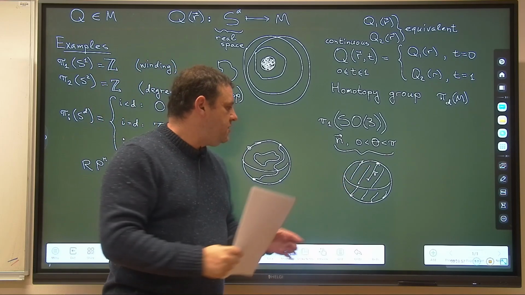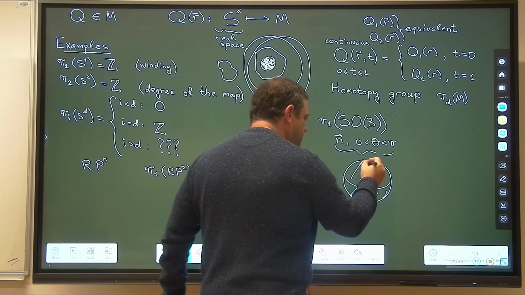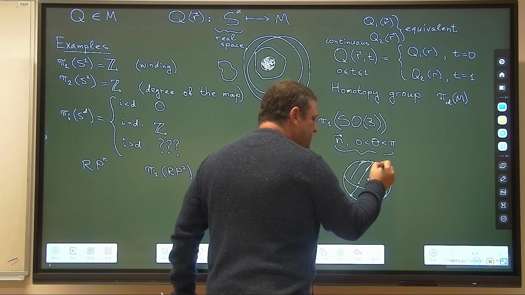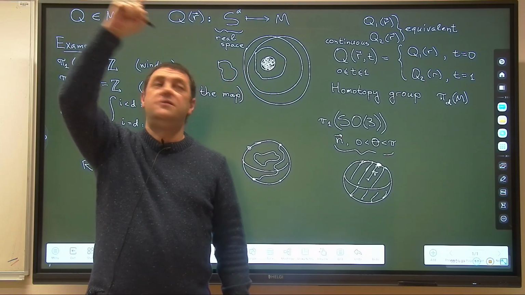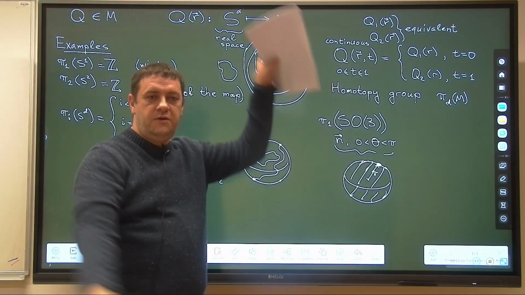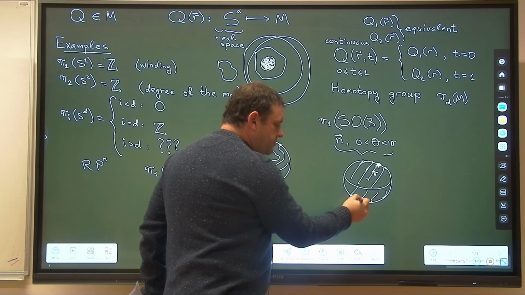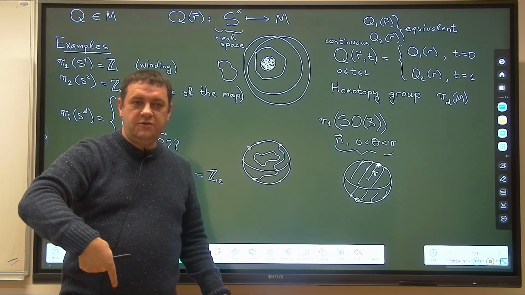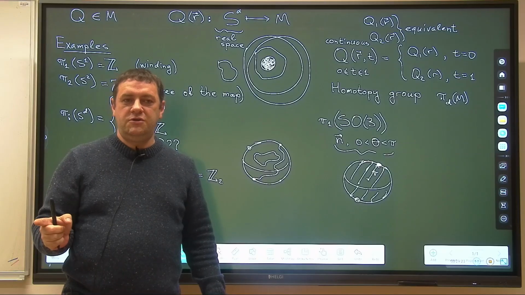But if you take this point on the surface, it represents a rotation along the certain vector by the angle pi. And if you take the opposite point on the surface, rotation along the opposite vector by the angle pi, they are actually the same rotation.